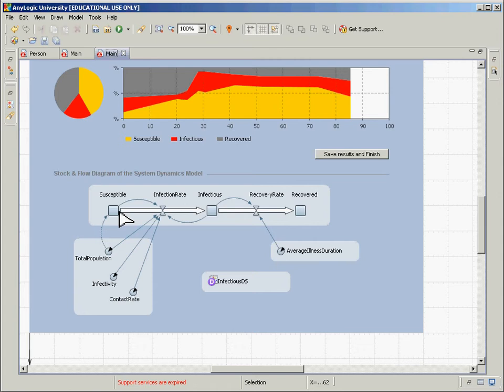Exactly. There'd be a separate compartment called vaccinated, and those people might eventually wane by having a flow back to susceptible, for example. A common depiction would be a so-called SIRS model: susceptible, infected, recovered, susceptible. There'd be a flow back here.